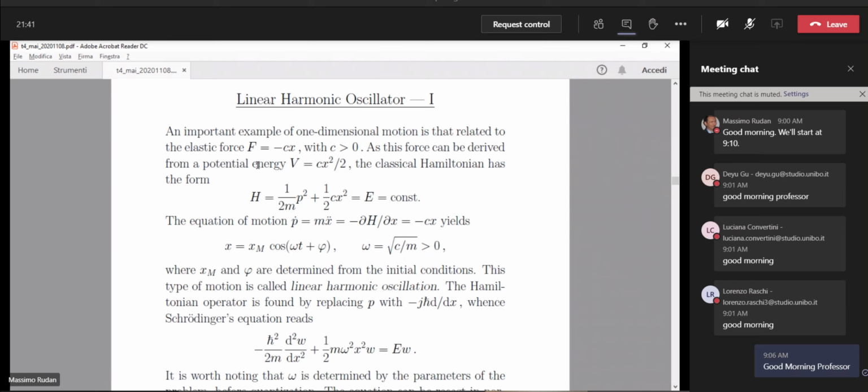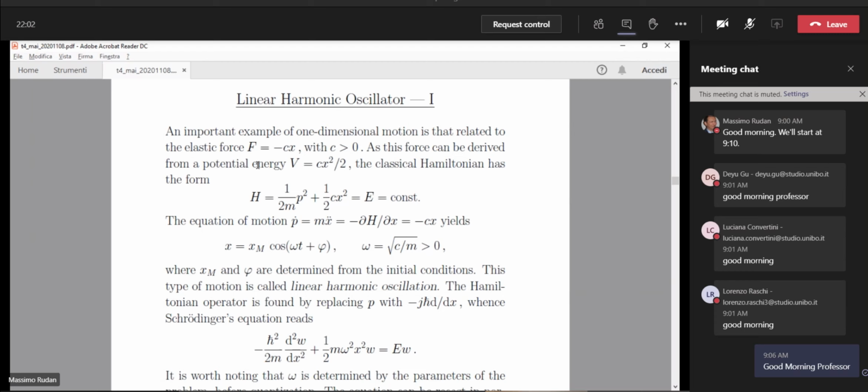And the equation of the individual degree of freedom is exactly the equation of the linear harmonic oscillator. So as you remember, a crystal can be approximated as a superposition of linear oscillations.